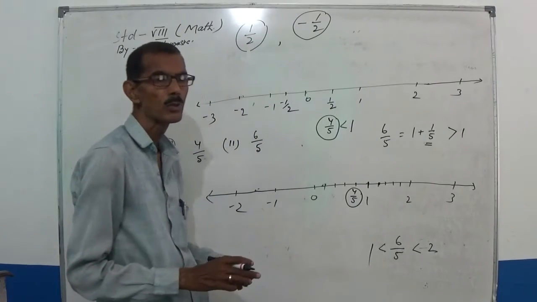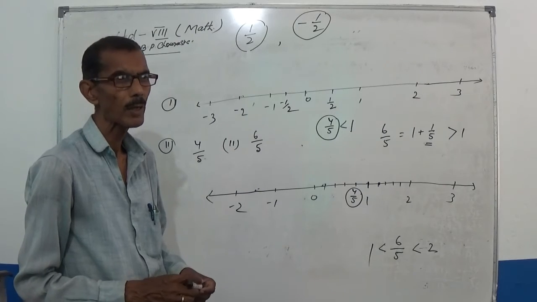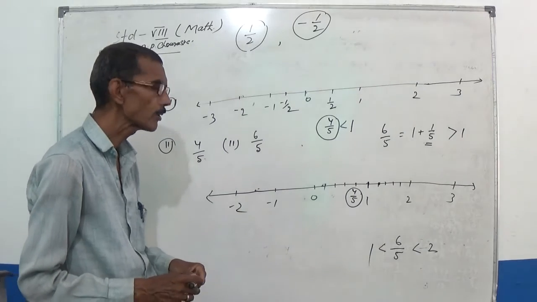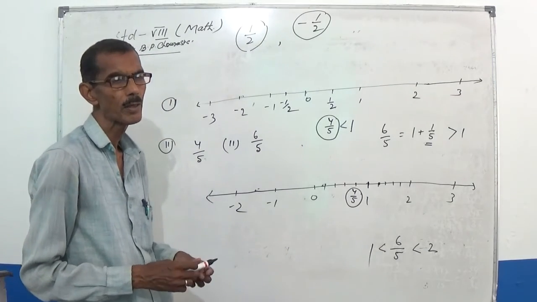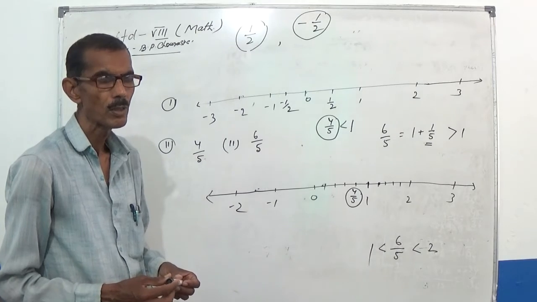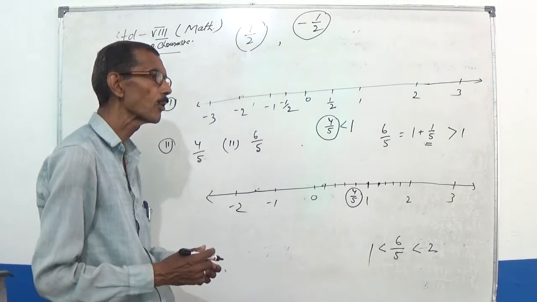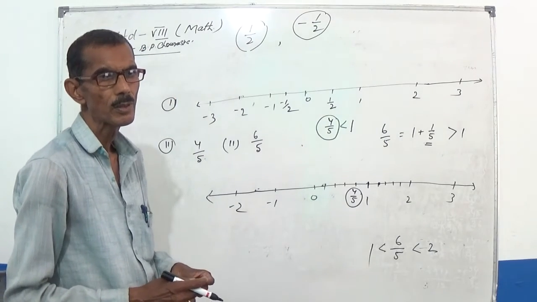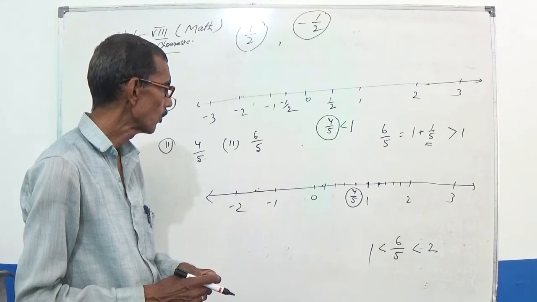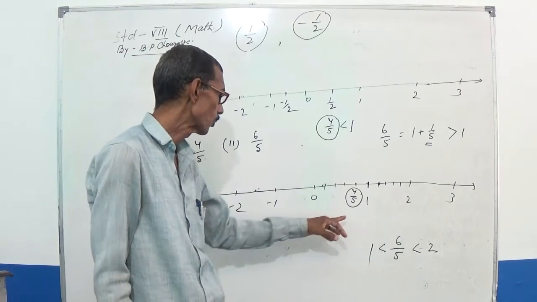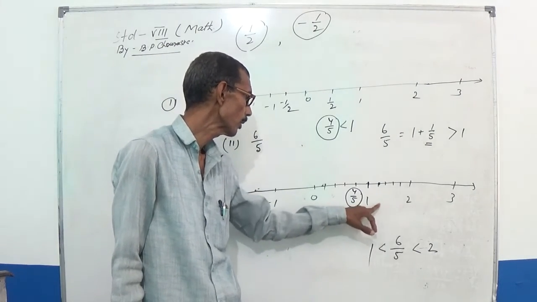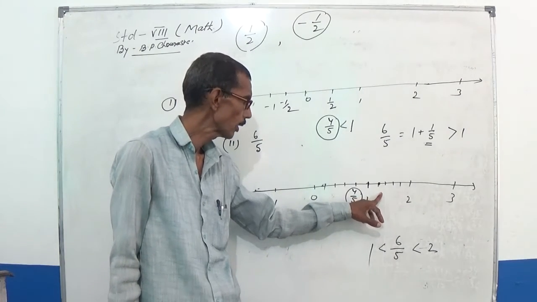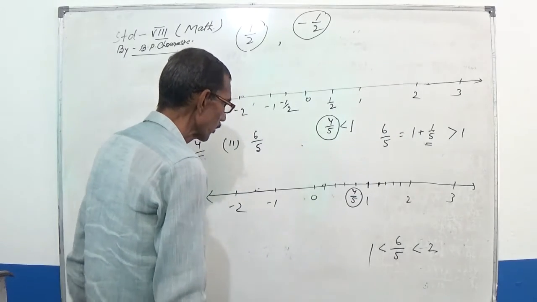You can use ruler and compass to find the exact location of a given number by dividing into the possible equal parts. If you need to divide the length between 1 and 2 into 5 parts, you can use ruler and compass also.